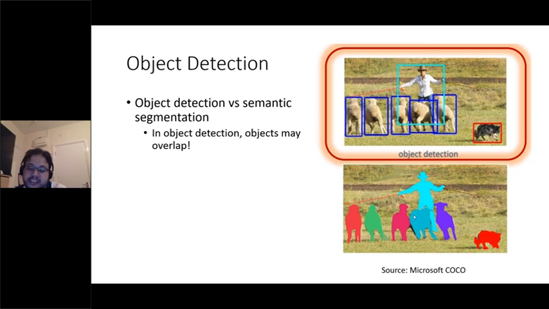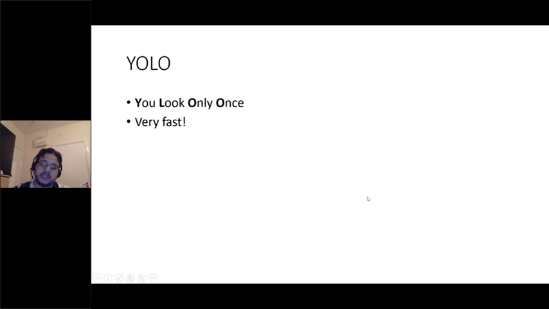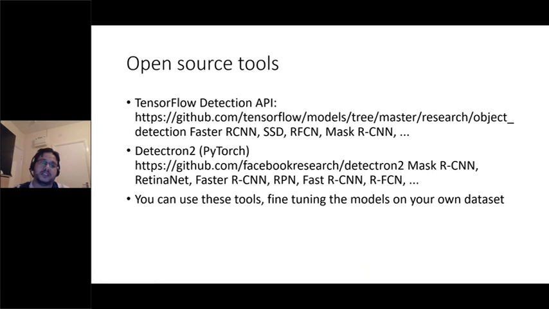So this sheep will be separate from this one, and we will have them both differentiated, which is quite good. And you can use it easily with the Detectron or TensorFlow detection API. You just select it, you give it your data set, and you leave the training doing its fine tuning, and you get the model.